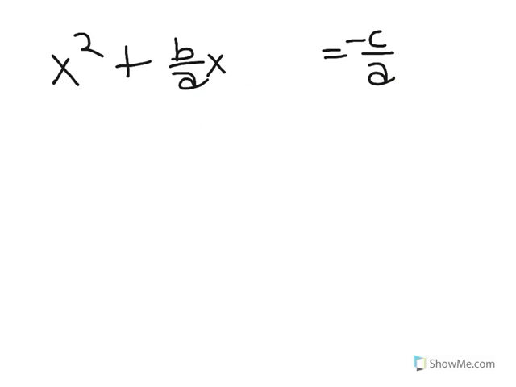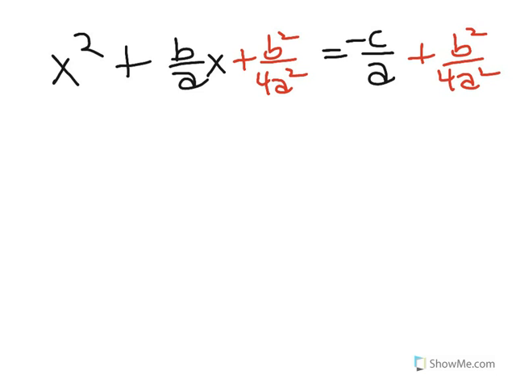To complete the square, we have to take half of the coefficient of x and square it, and add that result to both sides. Well, half of b over a is b over 2a. And the square of b over 2a is b squared over 4a squared. And we're adding that to both sides.